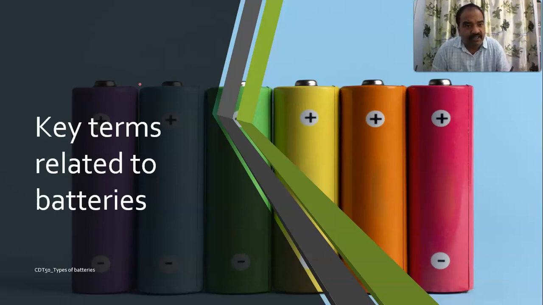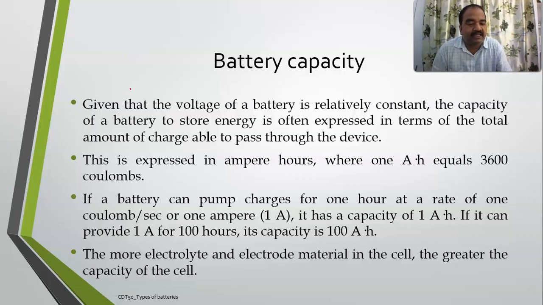The first and foremost thing, when you buy a battery, particularly I think you might be using your mobiles, right? When you buy a mobile, you'll be looking at the battery capacity, because everybody wants a big battery. The capacity of the battery is mentioned in terms of ampere hours, and in the case of a mobile, in milliampere hours.